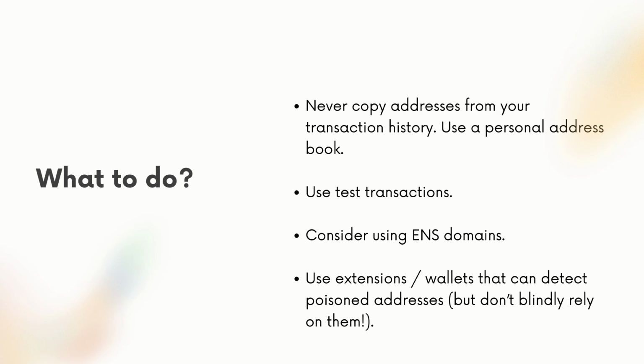So always remember that you're relying on the generosity of third-party APIs to show you the right transactions. And if they're not doing a good job or they fail to detect an address poisoning attack, then you're pretty much screwed. So lesson is never copy addresses from your transaction history.